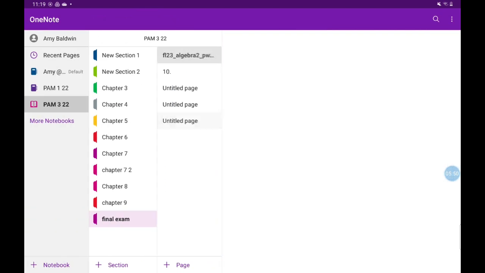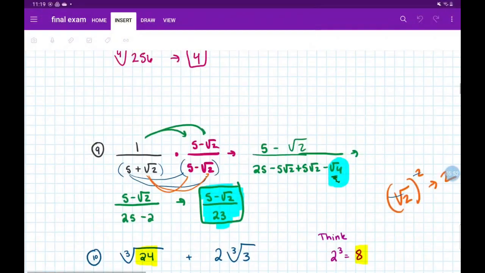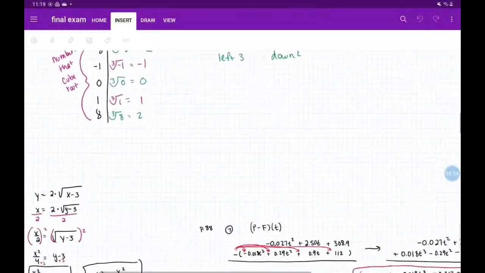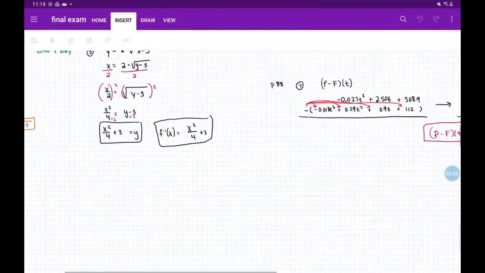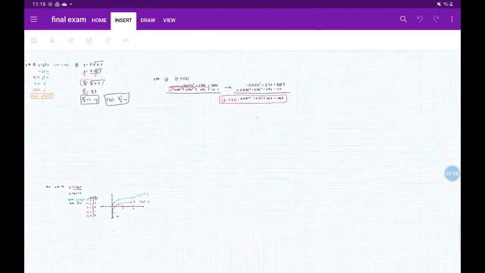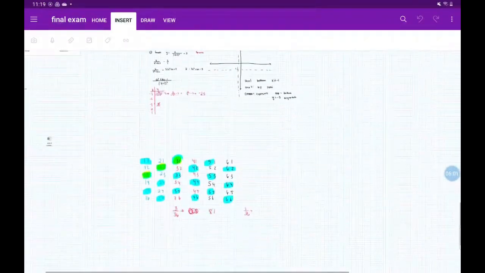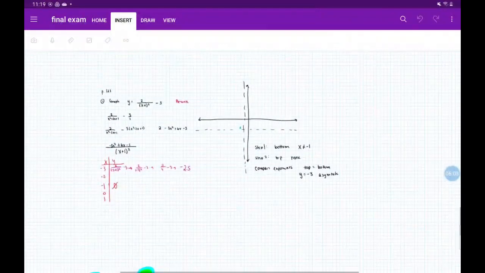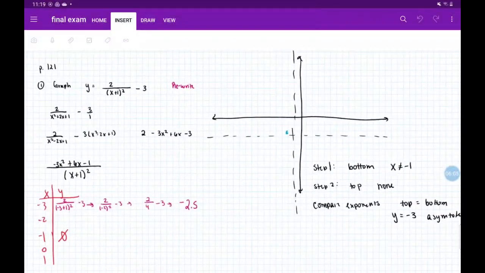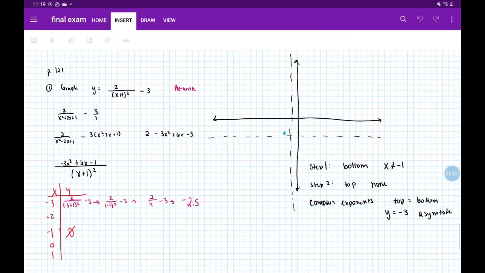Let's take a look. Here it is. 121, number 1.